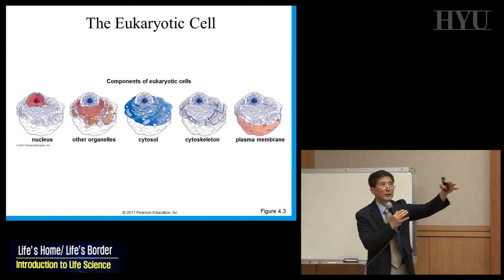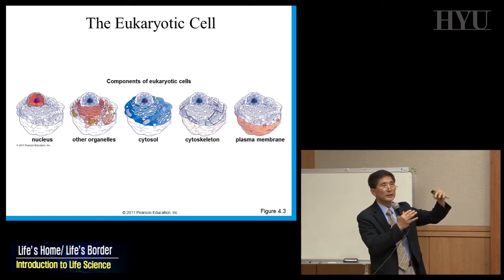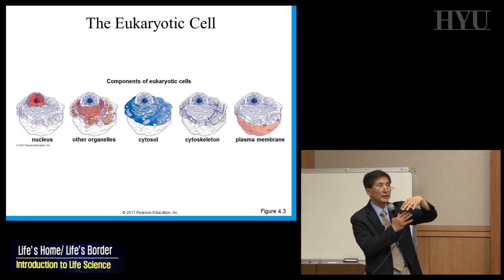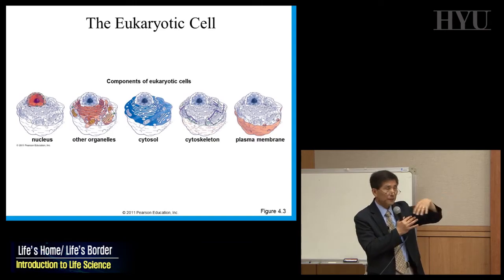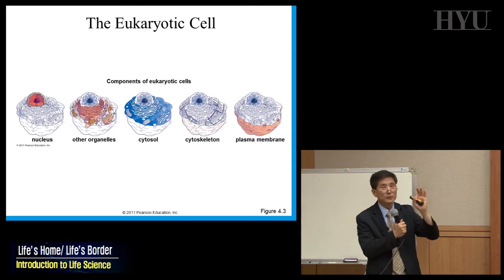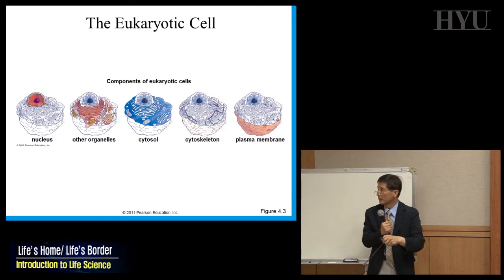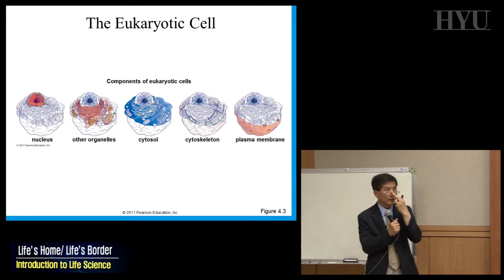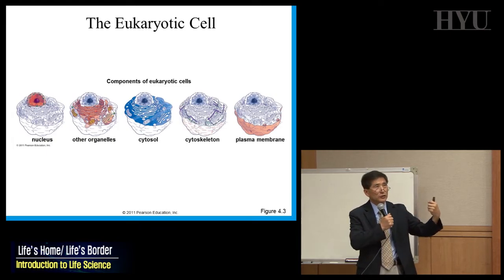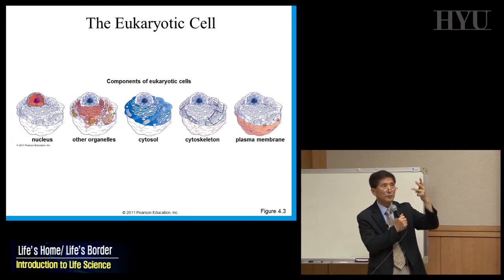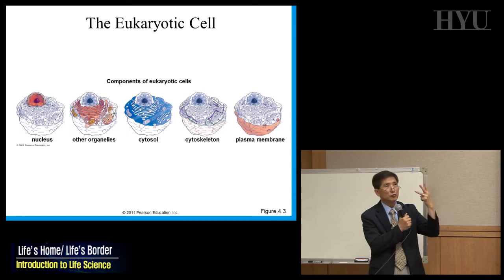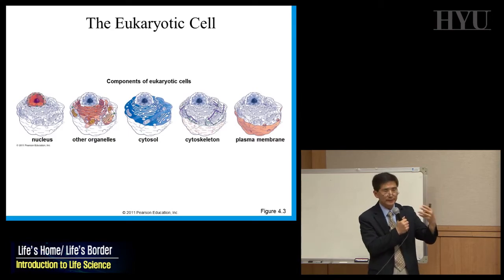It's the space, or the gel-like fluid that fills this space. That's what we call cytosol. Then the cytoskeleton is a construction material. There are three types of ropes. We'll come back to that point.